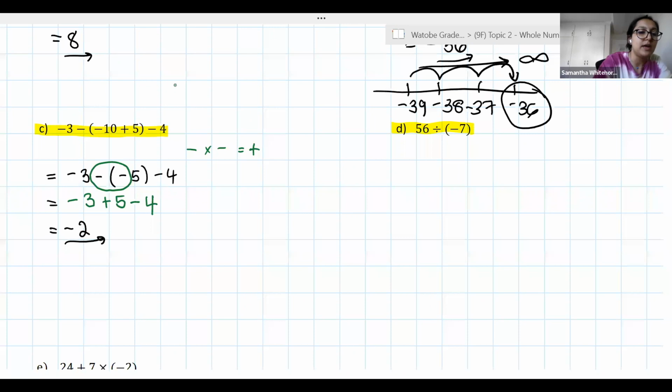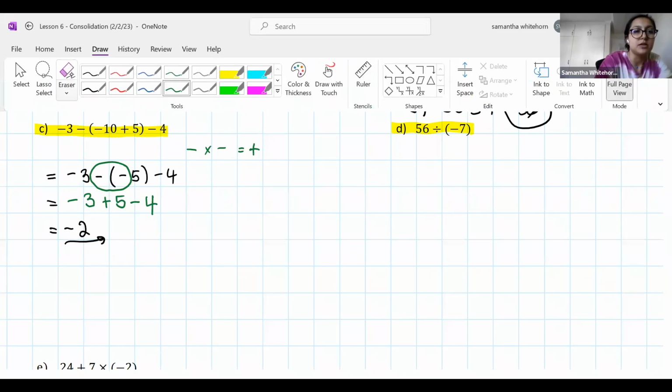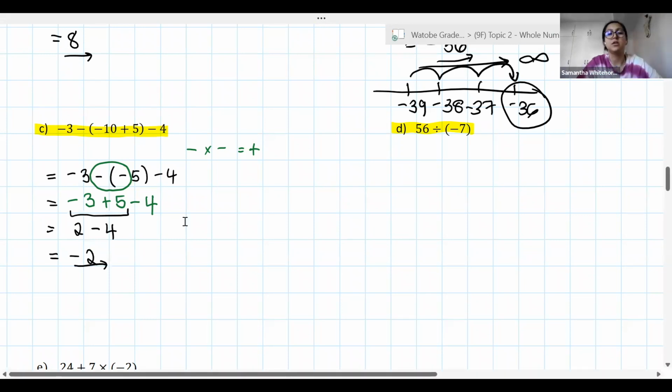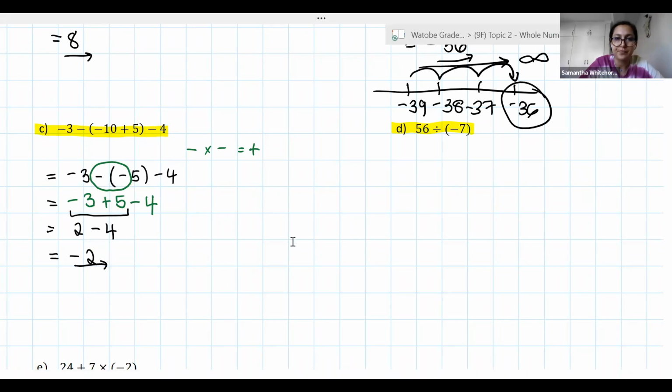And so that's where, when Lufuno was saying 2, that's where we get 2 from. I'm just going to take this off quickly. I need some more space. -3 plus 5, if we do it step by step, is +2. And then +2 minus 4 gives us that -2 that Lufuno gave us as an answer. And so what you need to be careful of here, as I was saying, is your signs. Always double check your signs when you are simplifying expressions.